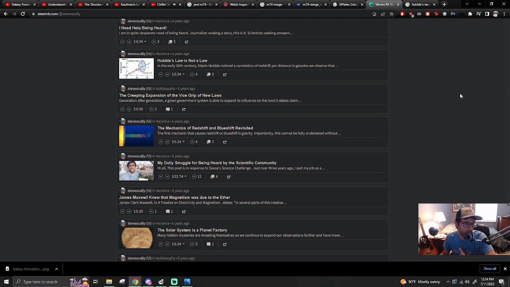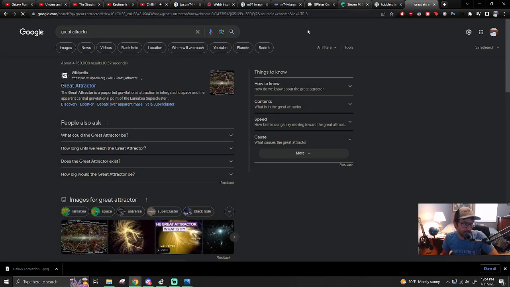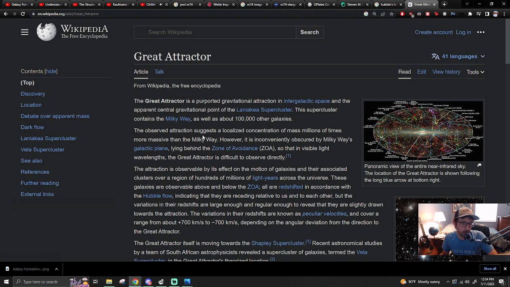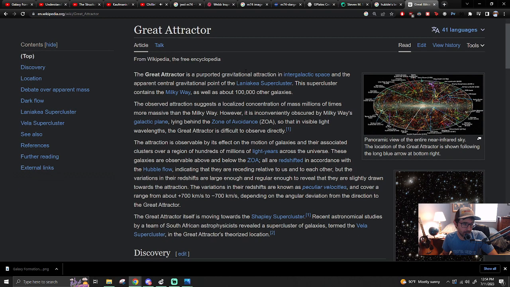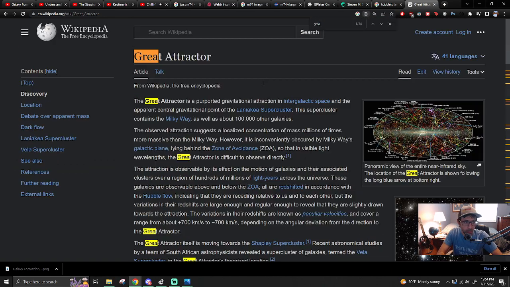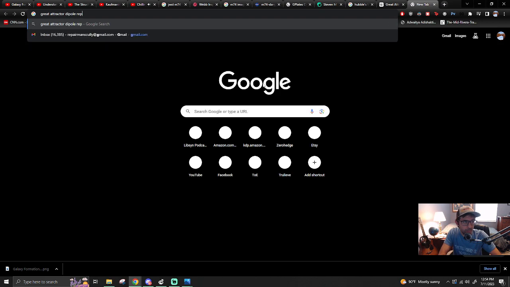I didn't name it the Great Attractor. It's an object, the Great Attractor, but I believe this is the most likely culprit, which has a duality, a yin-yang with what's called the dipole repeller, which is very cool. Great Attractor, dipole repeller.